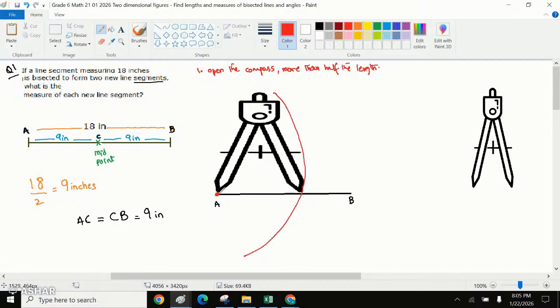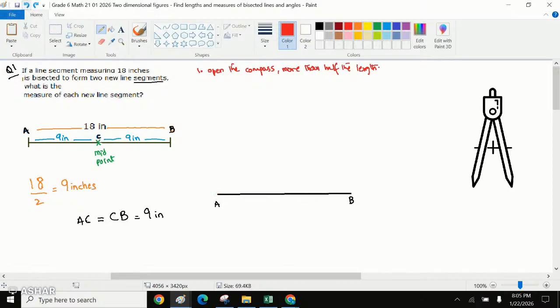So I open the compass and put it at point A, open it more than half, and draw arcs on either side. The same length of the compass, now I put at B and I draw the arcs, right?